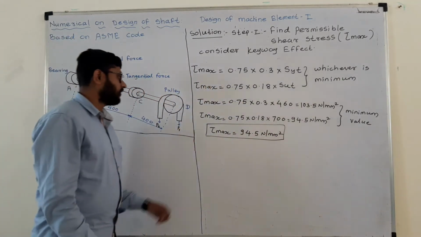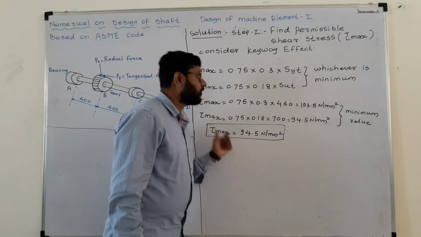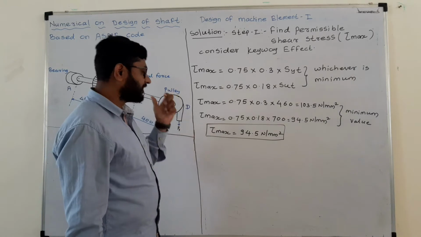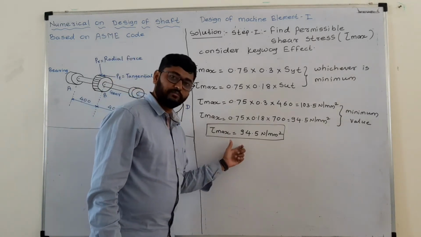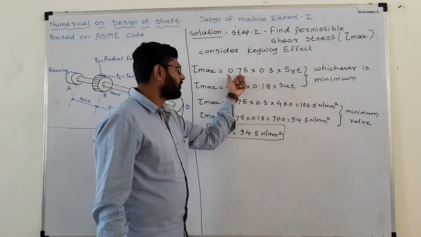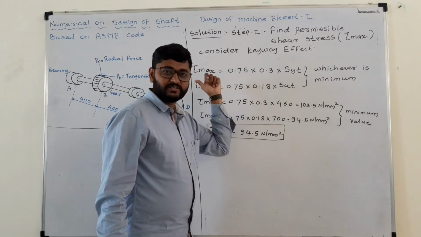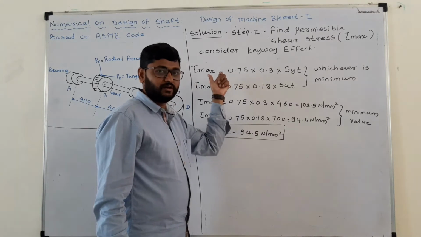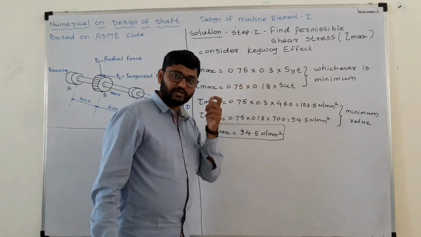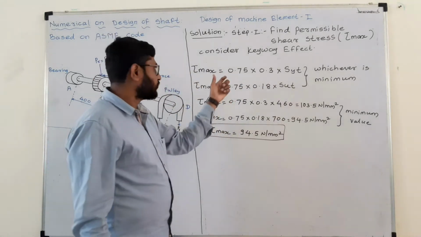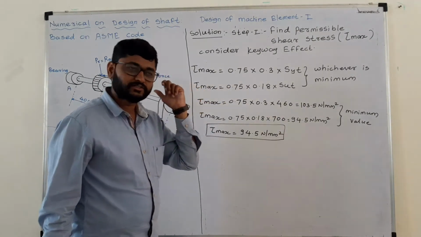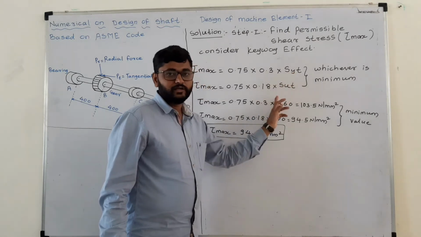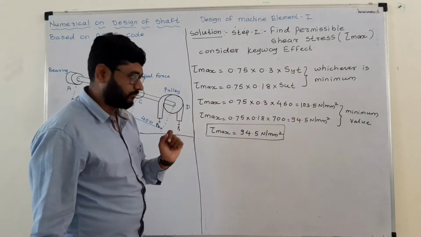Here we consider keyway effect, which means we multiply the permissible shear stress equation by 0.75, because when we consider keyway effect we have to reduce 25% from yield strength and ultimate tensile strength.